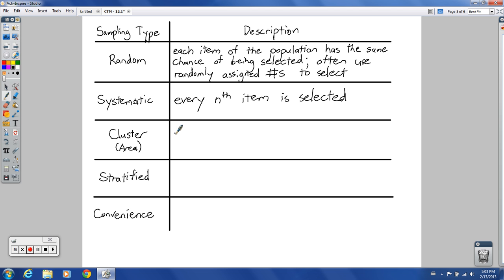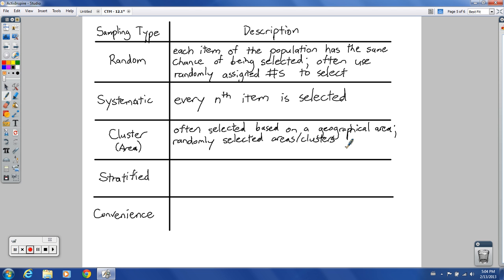A cluster sample or an area sample is something like this. It's often selected based on a geographical area; semicolon there, and randomly selected areas or clusters, you might refer to them as either one, in the entire area.